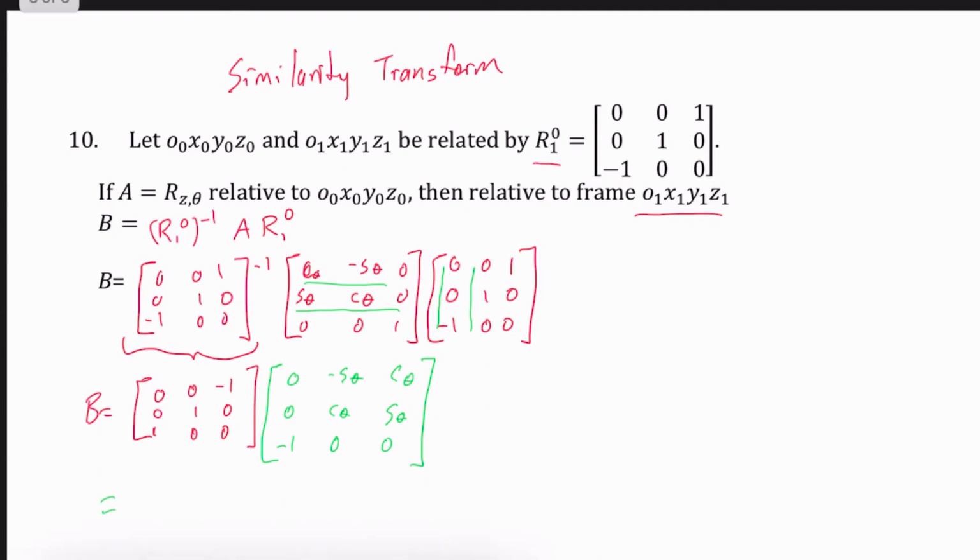And so finally, B is equal to, negative 1 times 1 is a 1, and then we get 0, 0. Now I've got this term here with a 1, so I'm going to pull out the 0, cosine of theta, sine of theta, and I've got a 1 coming through here. So I get a 0, negative sine of theta, cosine of theta. And then I have my transformation.